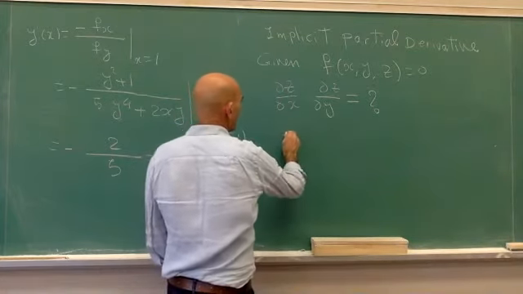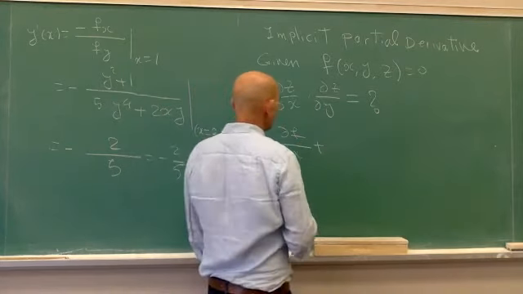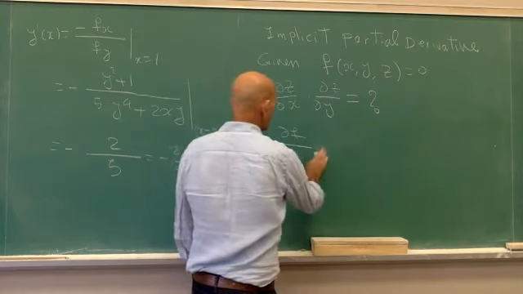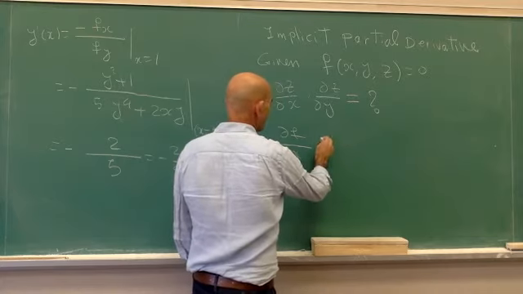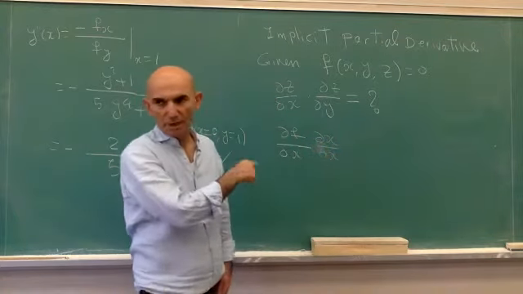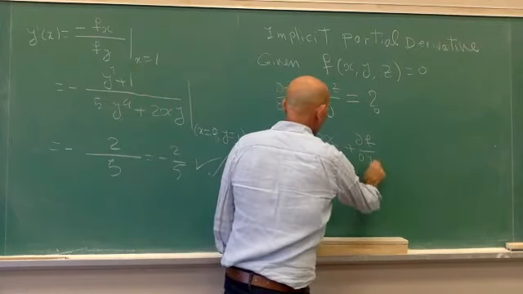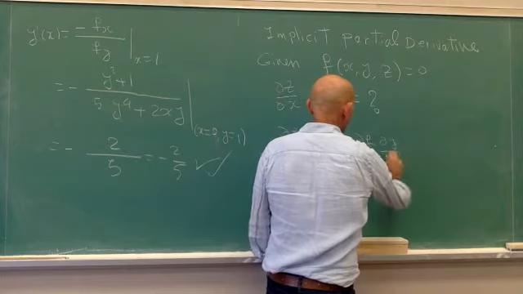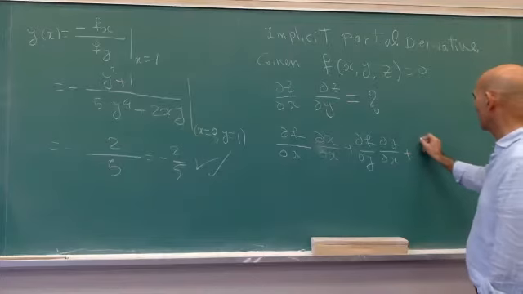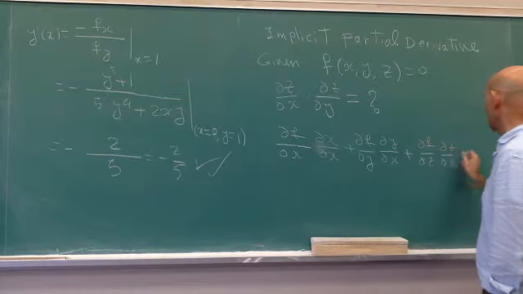Just say, okay, df dx plus df dy times dy dx plus df dz times dz dx equal to 0.